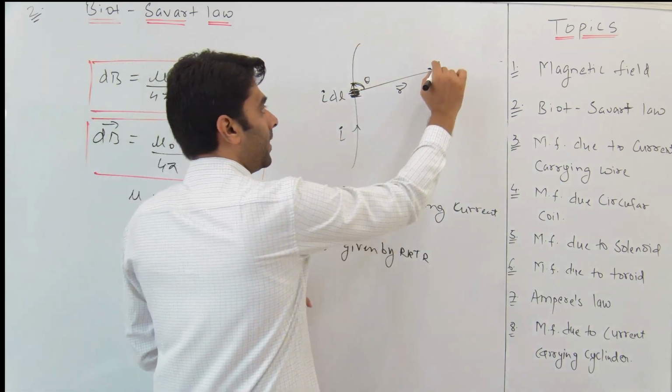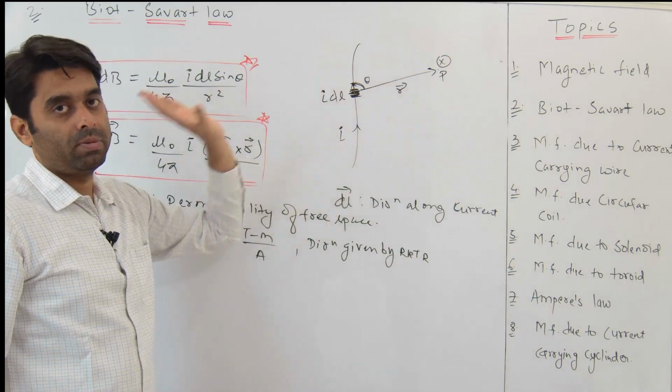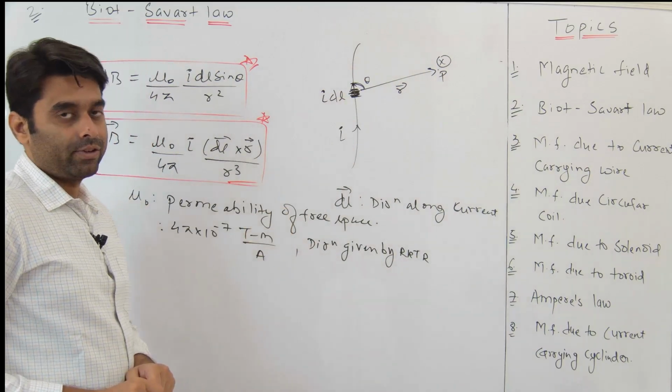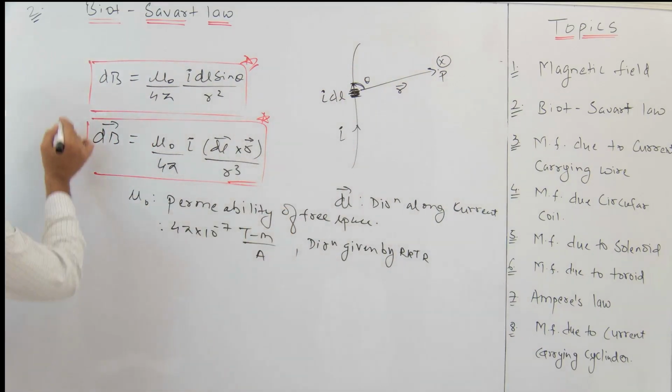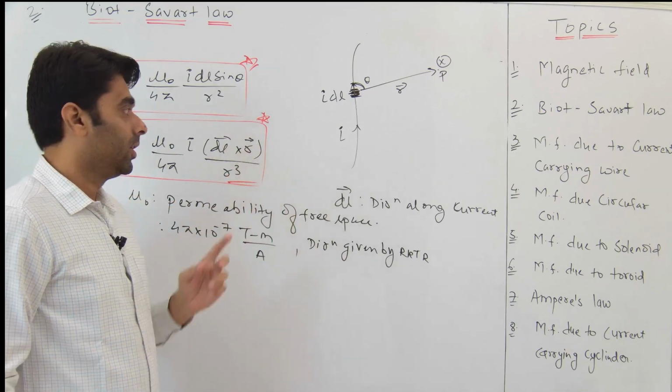That means magnetic field at this point P is inward. Cross circle is used to represent inward direction. So dl cross r, your inward direction is coming, right? So this is all about magnetic field due to current carrying element, right? This is our Biot-Savart law.